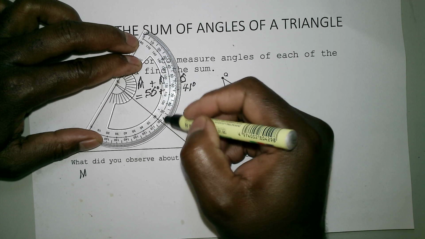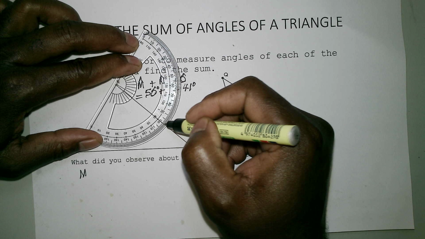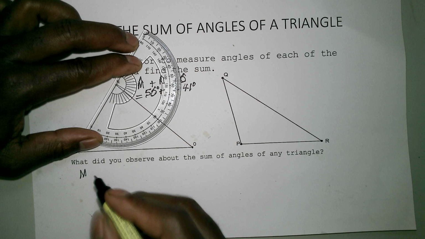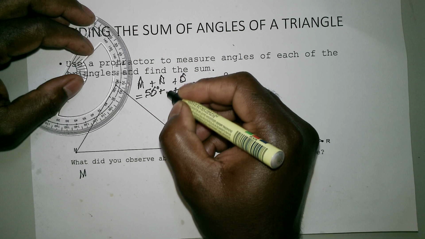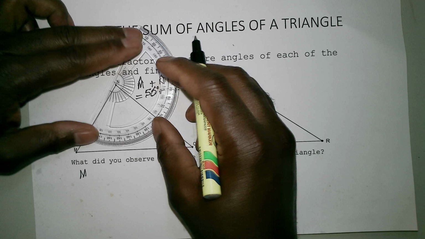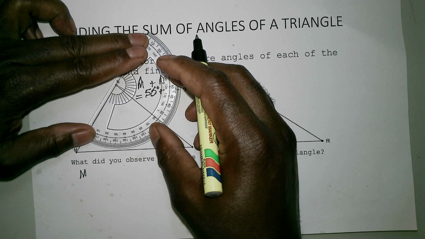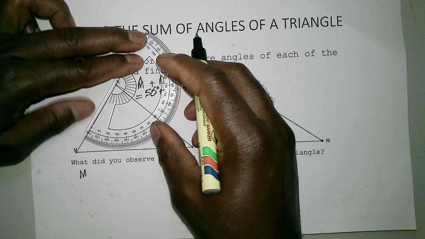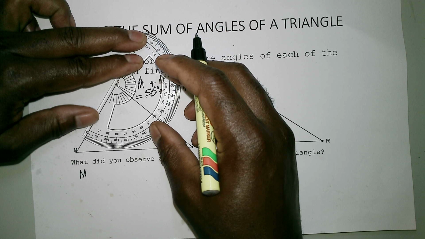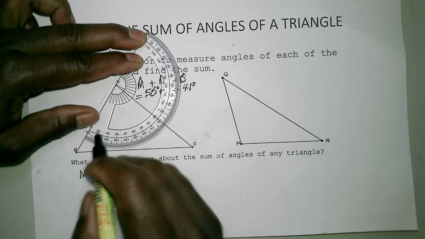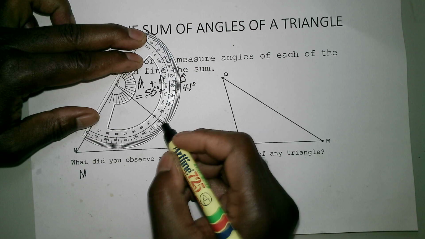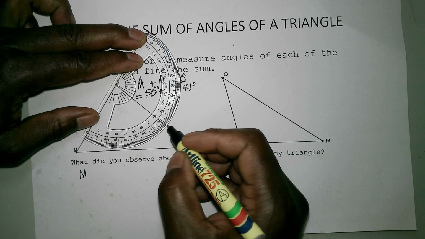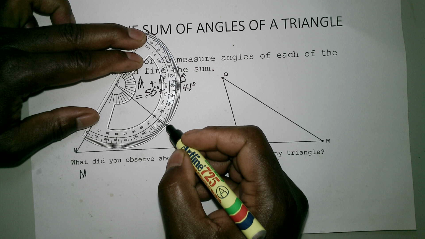Starting from 0, the right way, this becomes, it looks to me, 80. Is it 80? It looks to me it's 81.